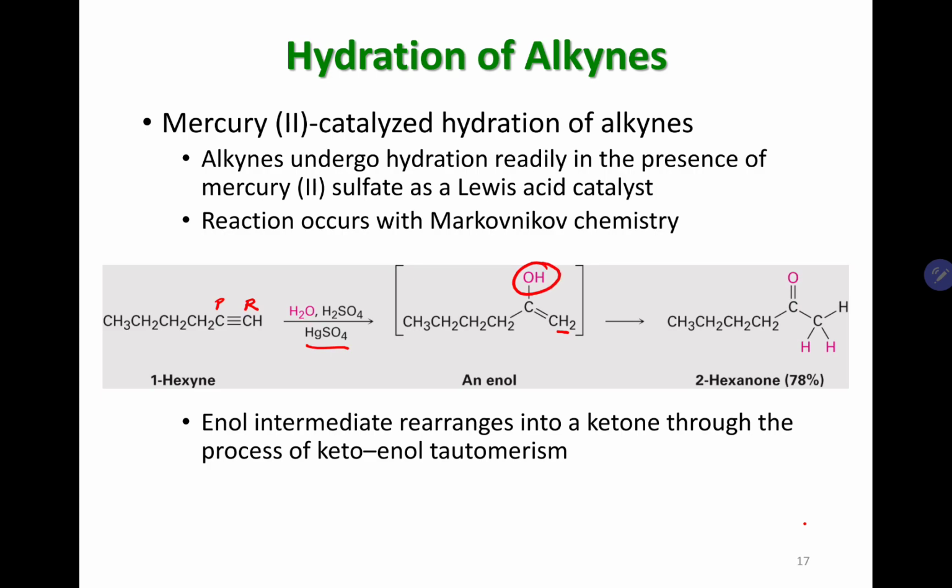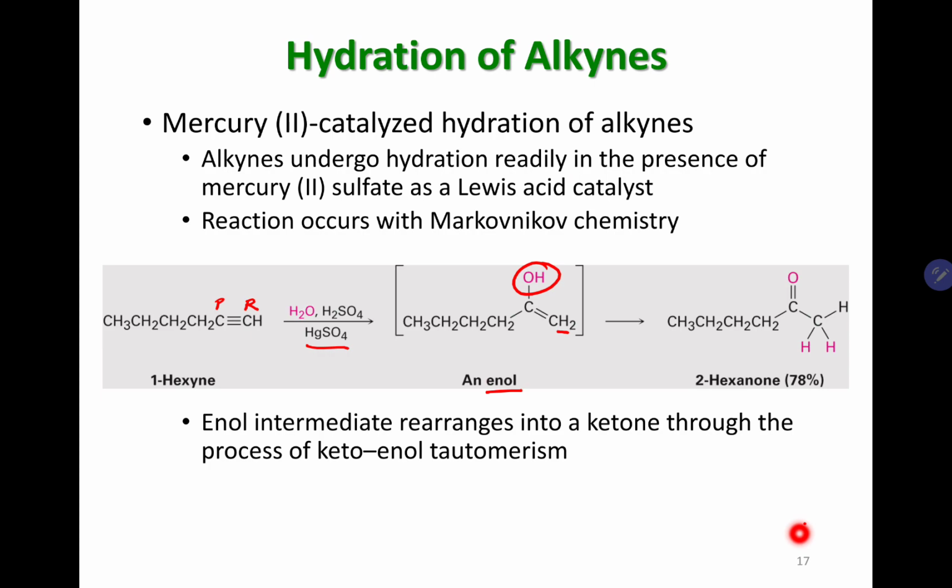This gives you an enol as the product, meaning a carbon-carbon double bond and an OH group next to each other. The enol will easily convert into a carbonyl group, a ketone.